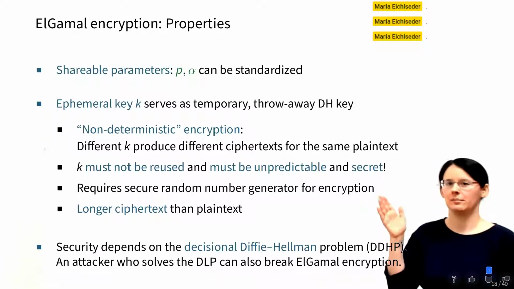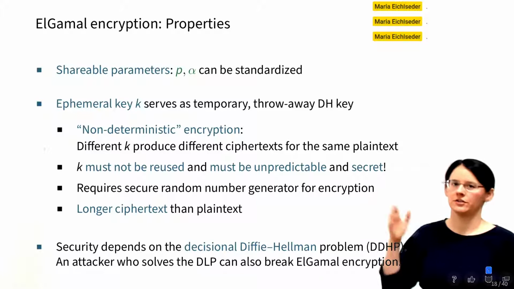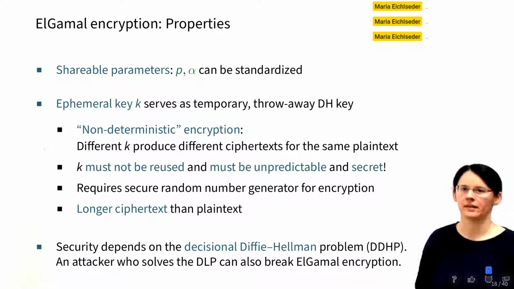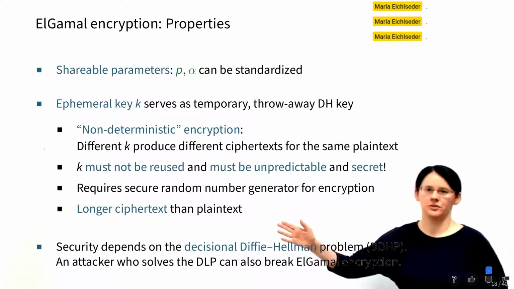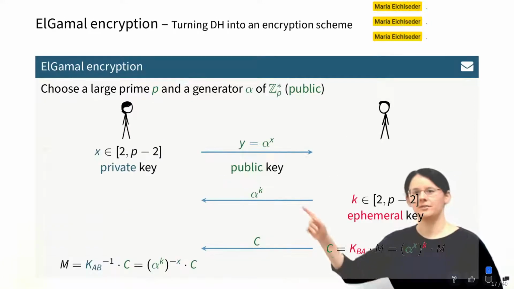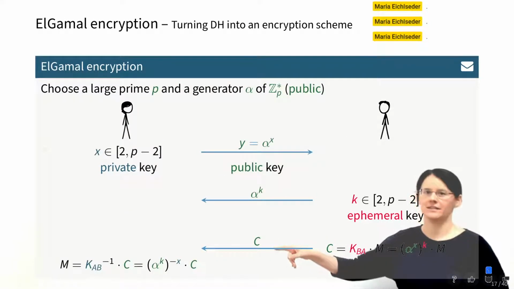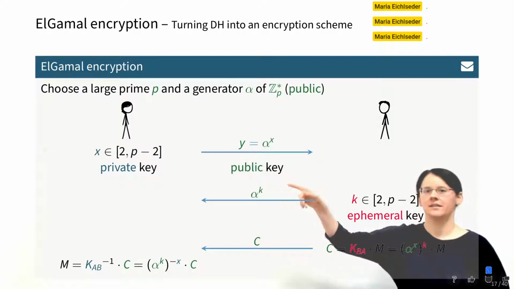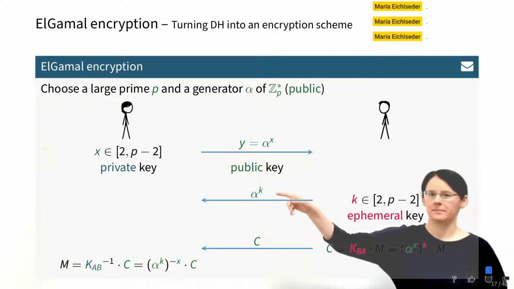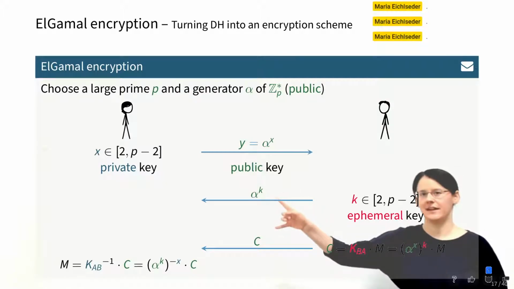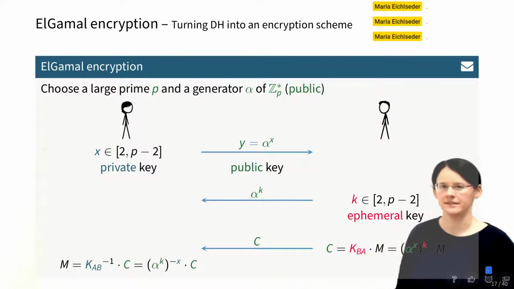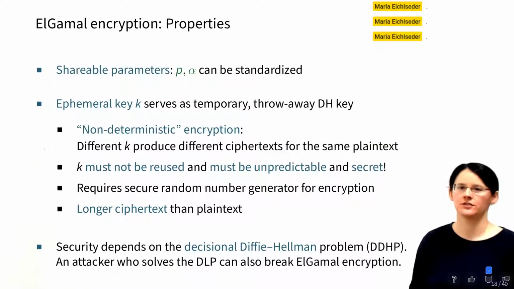This is unfortunately a big downside of this scheme, because it's also something that can go wrong. You also notice that to send something, Bob actually had to send two elements, the ciphertext itself plus a temporary public key, meaning that the ciphertext size here is larger than the plaintext size. So this is a certain inefficiency.